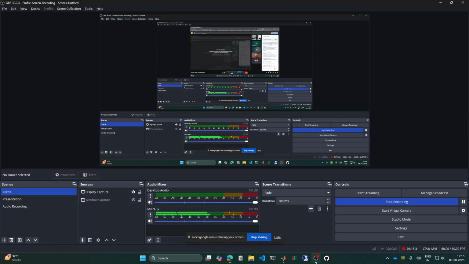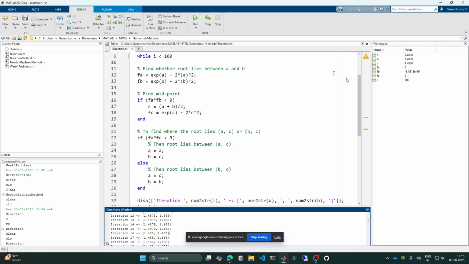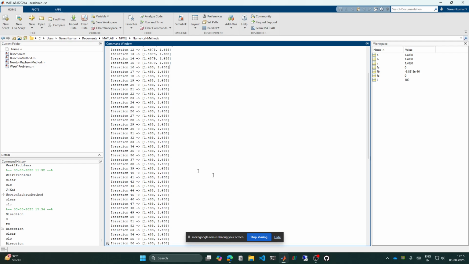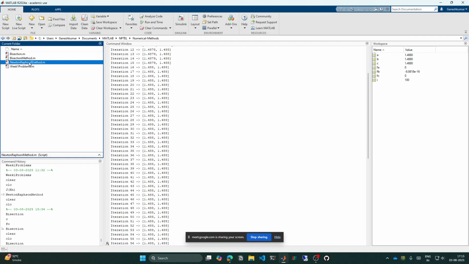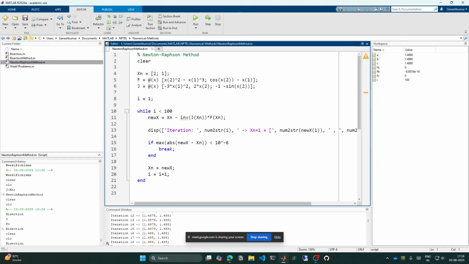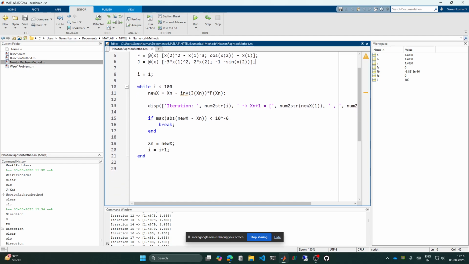Okay, all right. So this is the bisection code that we wrote. Similarly, there is also a different method, Newton-Raphson. So what I did here is I have xn, for n equal to 0 it becomes x naught, and then I have the function and the Jacobian matrix written in functional form.